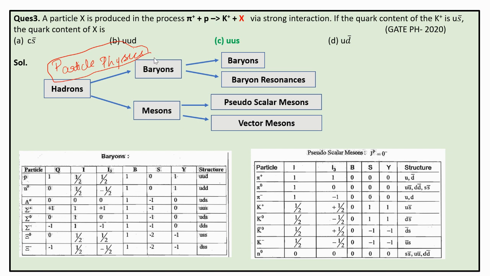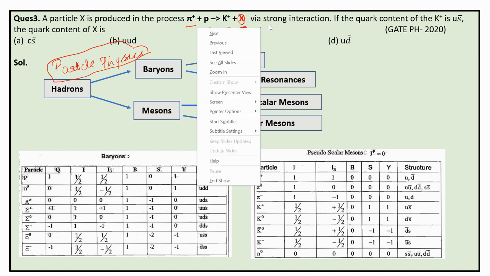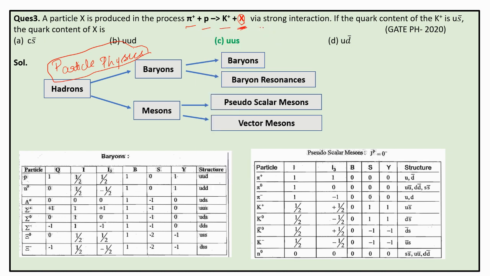A particle X is produced in the process pion positive plus proton gives kaon positive plus X. We don't know what this particle is, and we need to find out. This process is going via strong interaction. All the particles involved in this process are hadrons, and hadrons undergo strong interaction, while leptons undergo weak interaction.